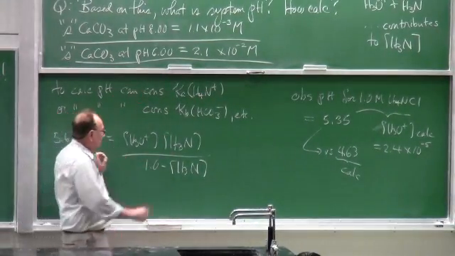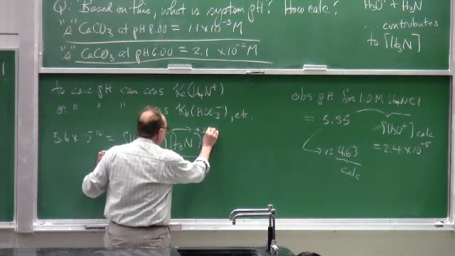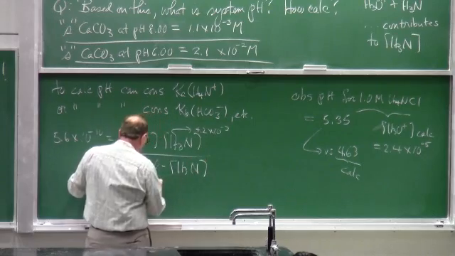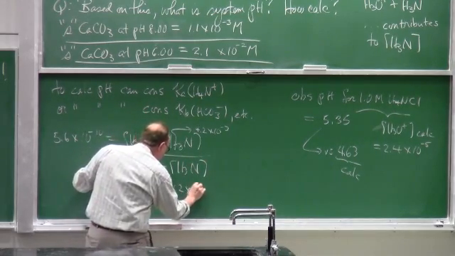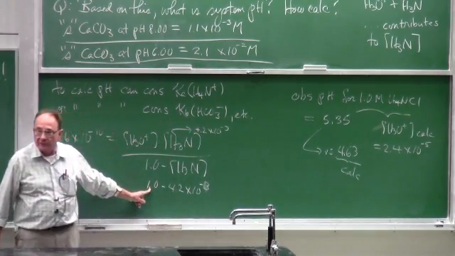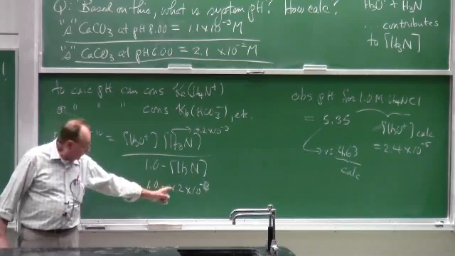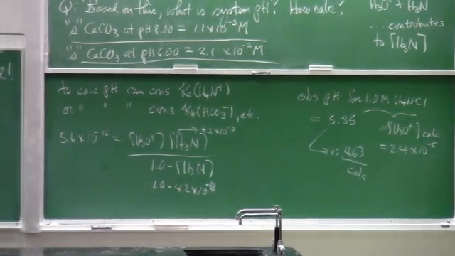There it is. 4.2 times 10 to the minus 3. And this is 1.0 minus 4.2 times 10 to the minus 3. Now, practically speaking, that keeps this as 1.0. But I'll put this in there and I'll go back to two significant figures after I do the calculation.